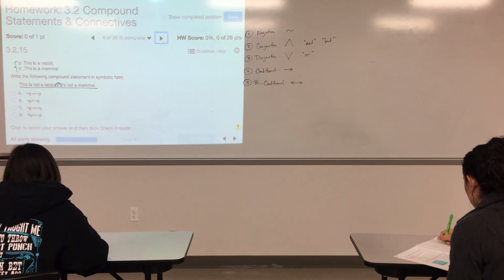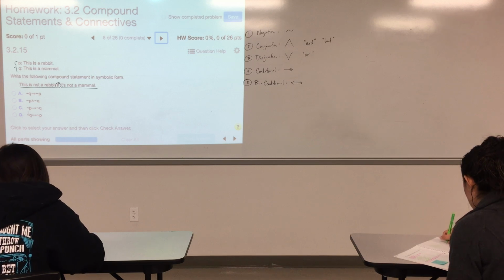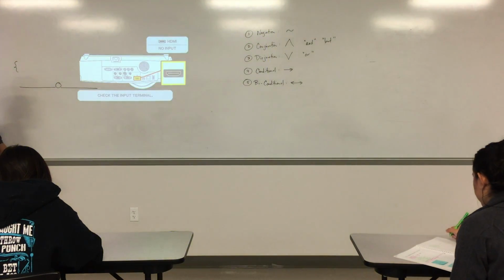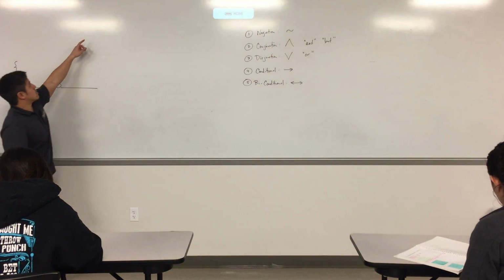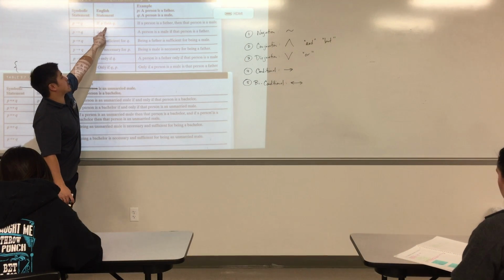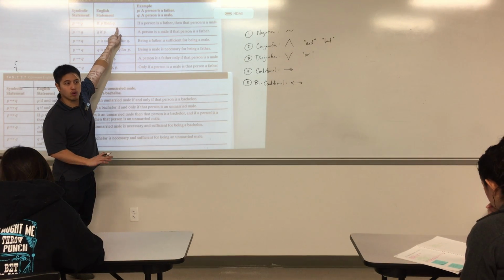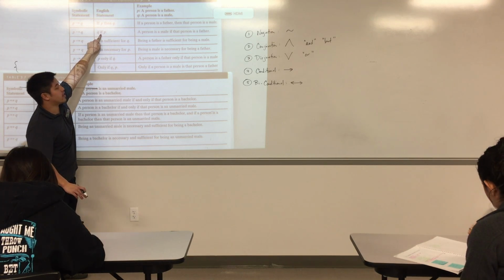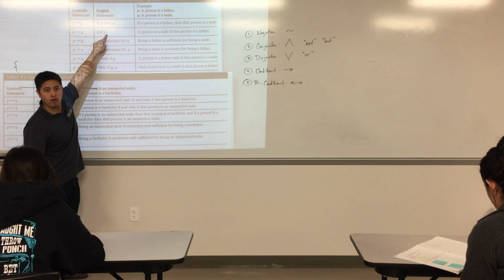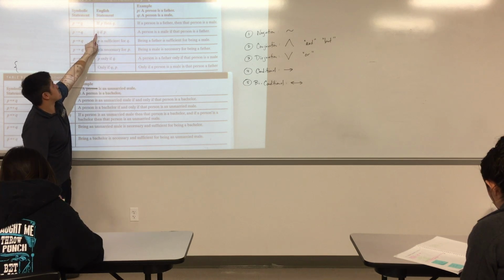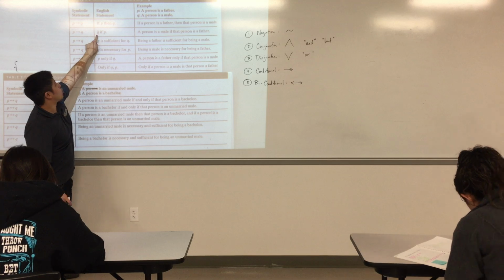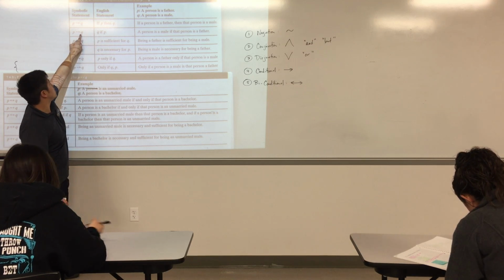You guys have got your chart. You see that there's a statement, if another statement. You with me so far? Let's go back to our chart real quick here. Is ours phrased if something then something? No, it's not. How is it phrased? Something if something. When it's phrased as something if something else like this, where does the first one go?